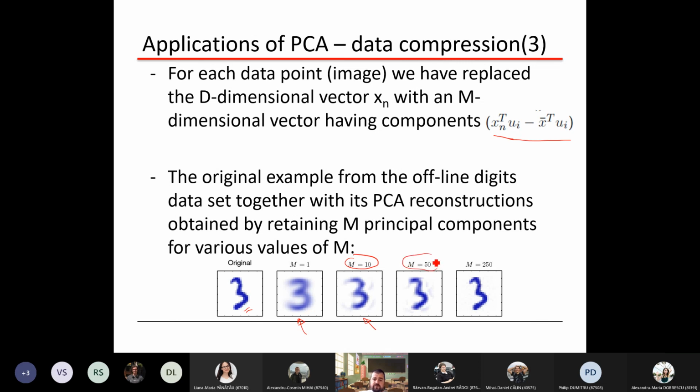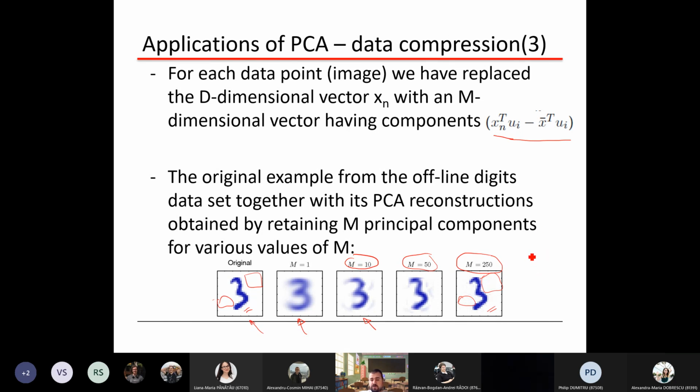If M equals 50, it starts looking like the original picture, and if we retain 250 dimensions, the picture that we get is almost similar, with some artifacts, because you can see that here the area is not exactly white as it is in the original picture, but it is somewhat similar.